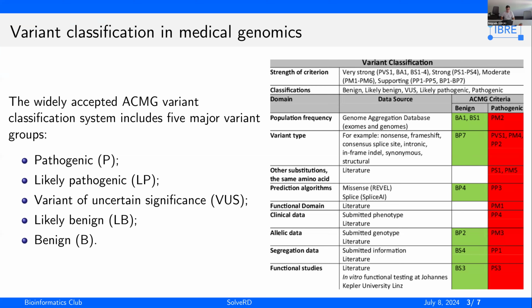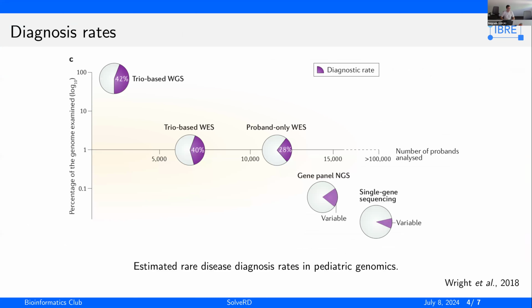And still, if we're talking about the final outcomes, or the rate at which people receive the final definitive molecular diagnosis from next generation sequencing data, this rate tends to be lower than we'd love it to be. This is a figure taken from a review from back in 2018.